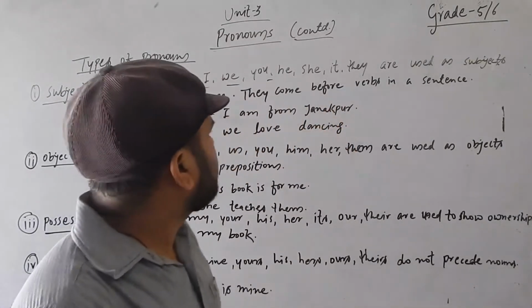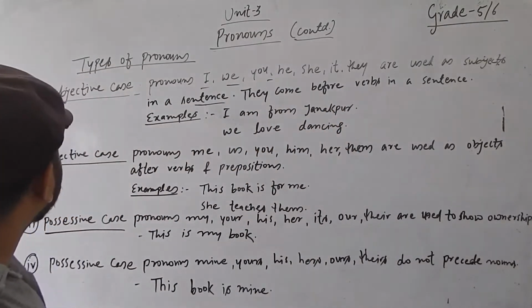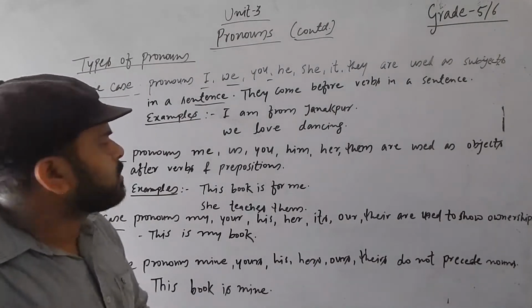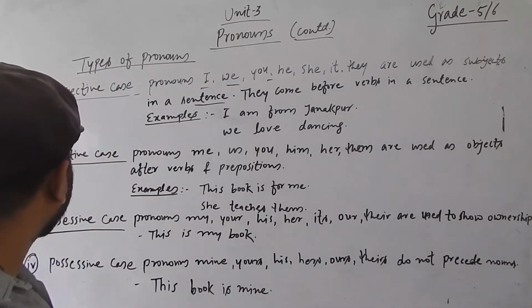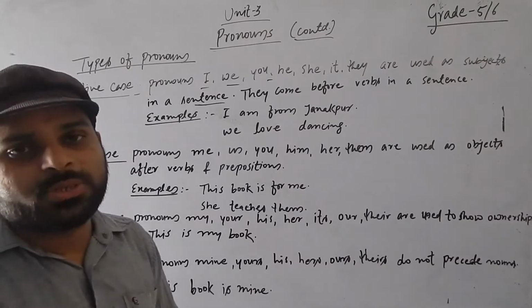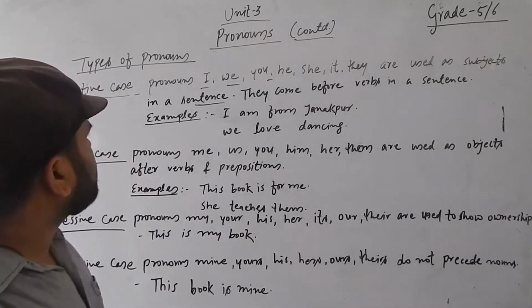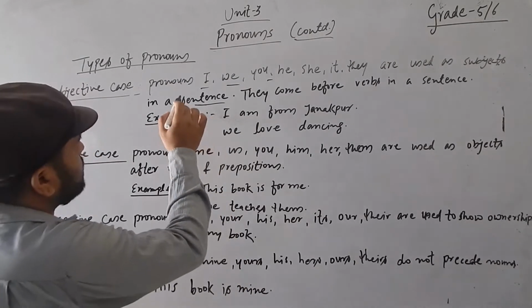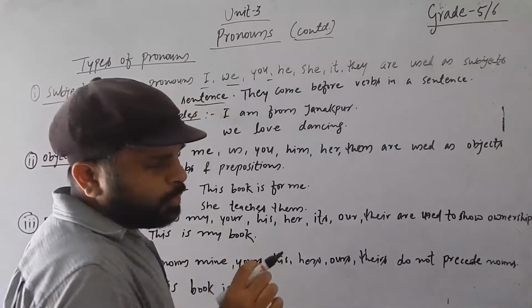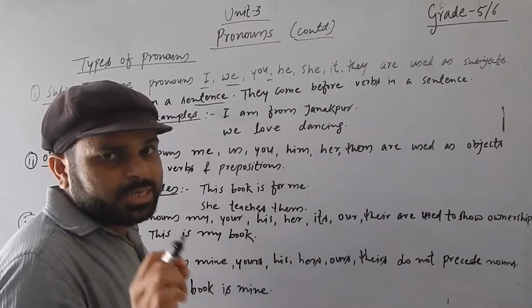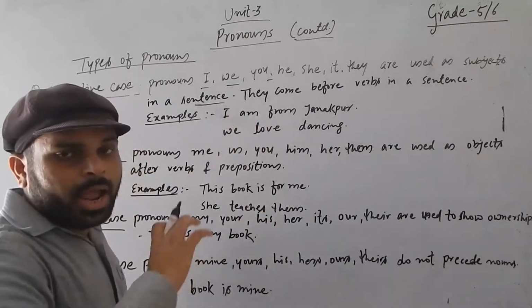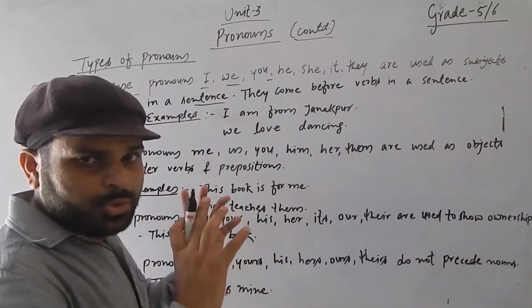And in that case, we talked about three cases as well: subjective, objective, and possessive. So, in subjective pronouns, as I told you, we are going to detail it. Yesterday we made a chart and just showed you the uses.